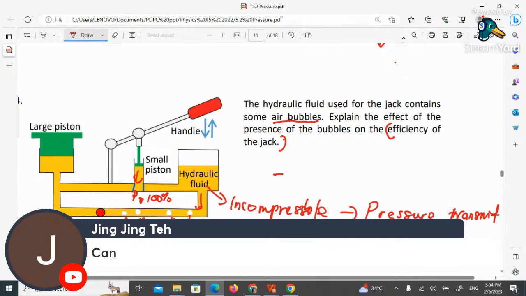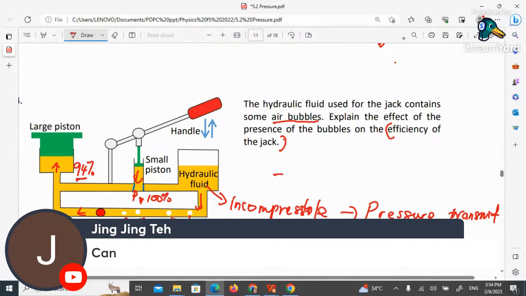So the loss along the way is already 6%. So when it reaches here, maybe it's only 94%. There is loss in the pressure due to the air bubble because air bubble is compressible. Thus, the pressure is no longer transmitted equally.